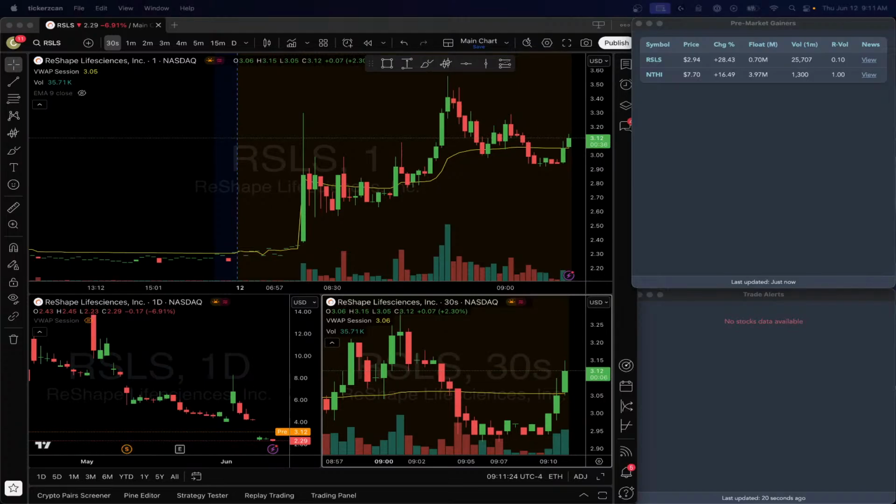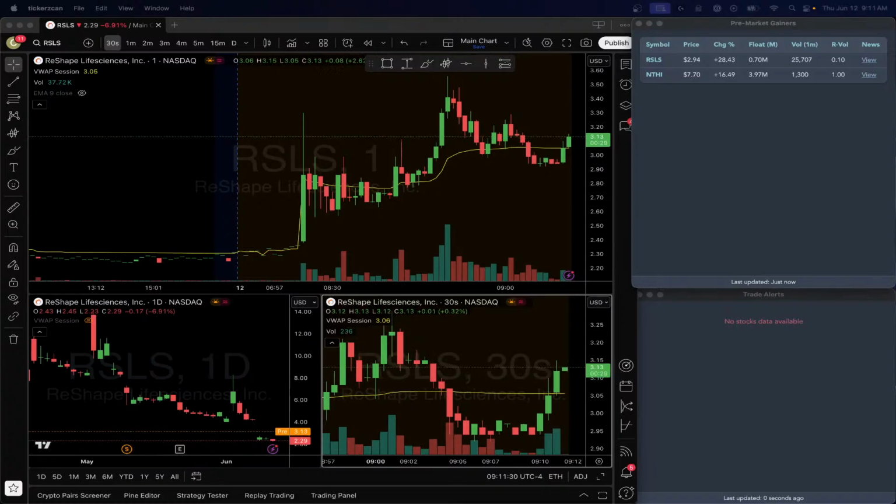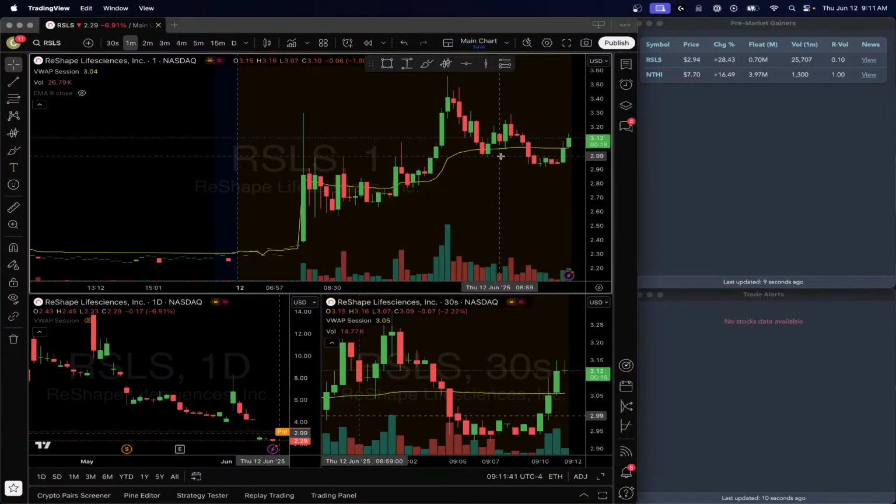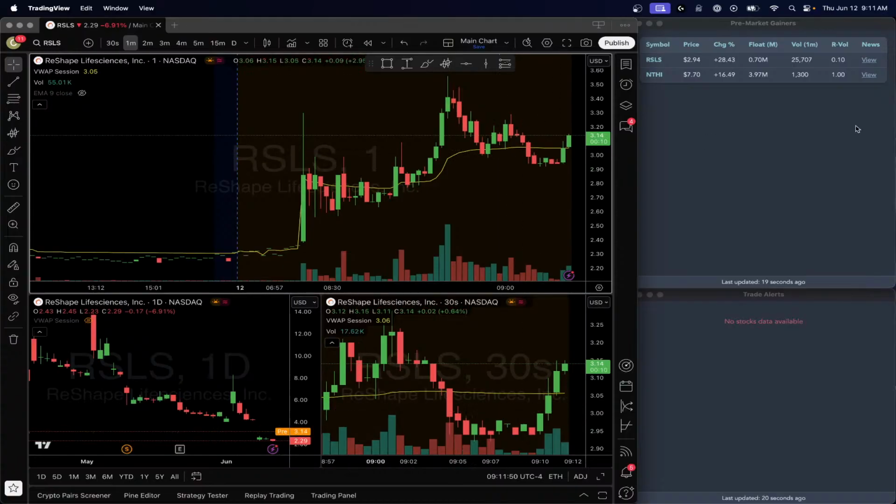We're at 312, holding the 3. If you bought the break of that $3, that's good. You're up about 10, 15 cents. You could lock it in. Make sure you don't let a winner turn into a loser.